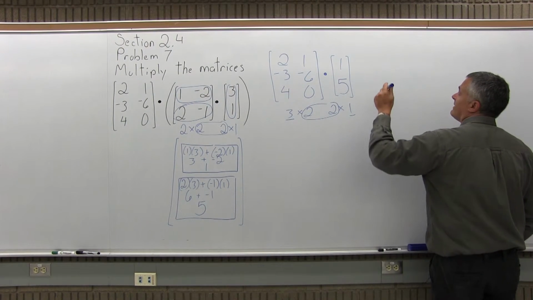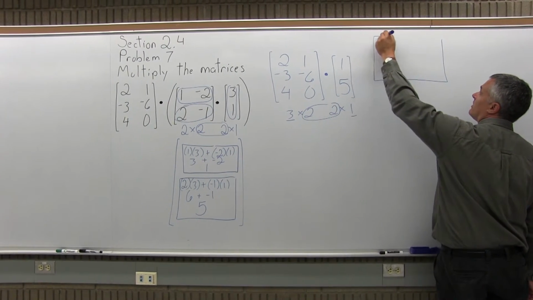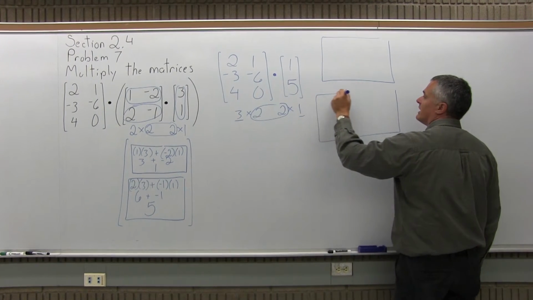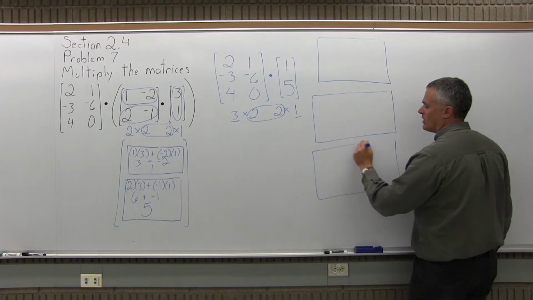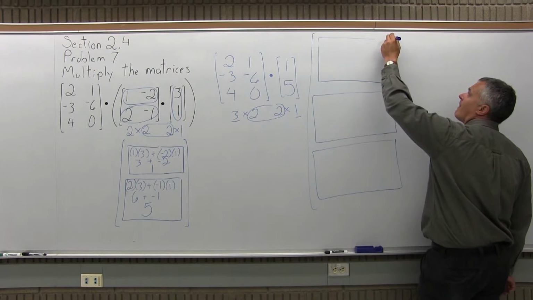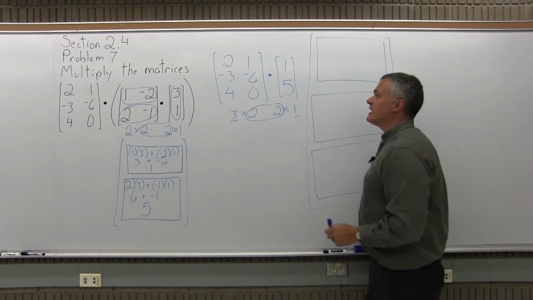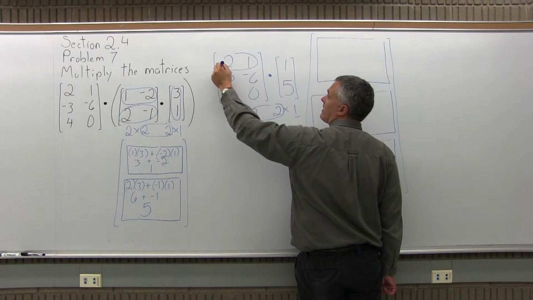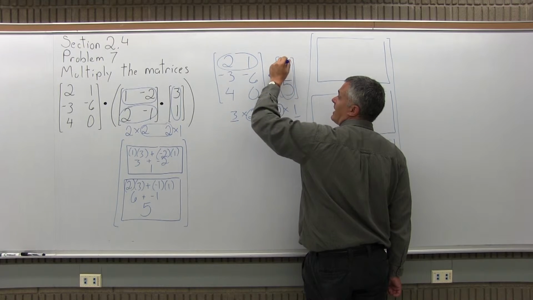So let me write that out. Again, I'll write the big boxes that I'll do all my work in first, and I'll set up boxes in the format of having 3 rows and 1 column. As I start filling that in, I'm going to multiply the top row of the first matrix, 2, 1, times the only column of the second matrix, 1, 5.